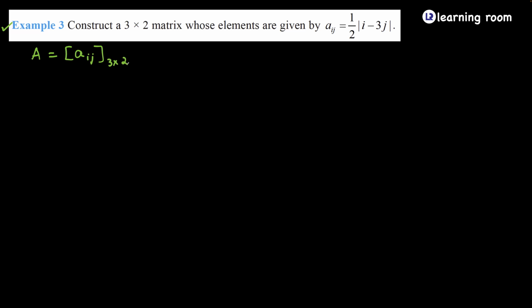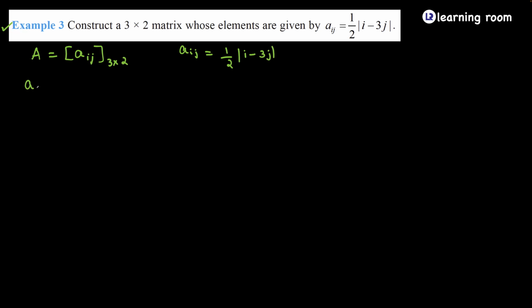Each element follows the function half into modulus of i minus 3j.